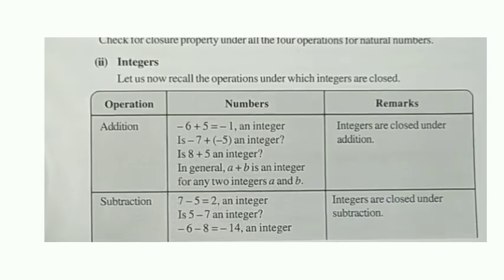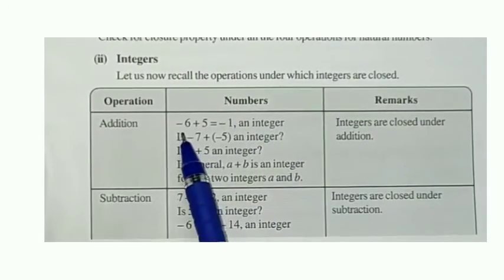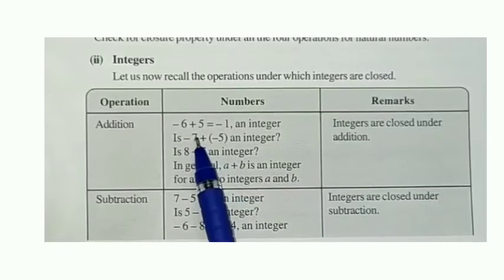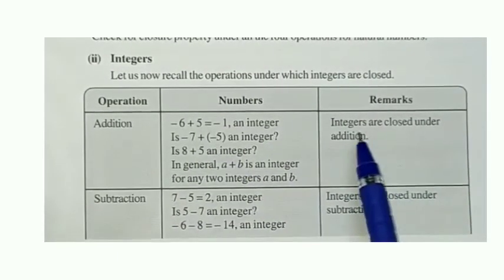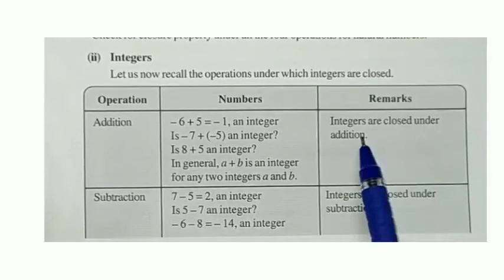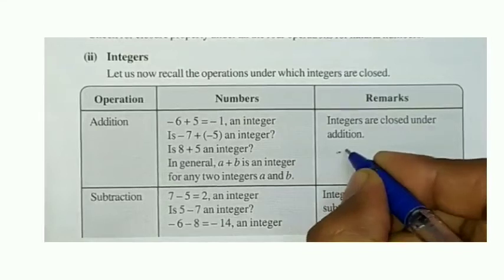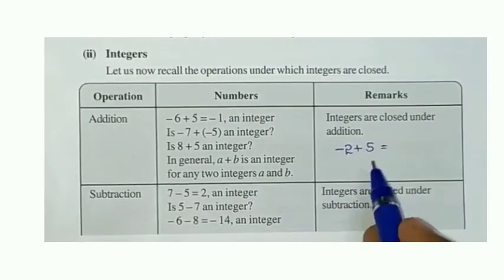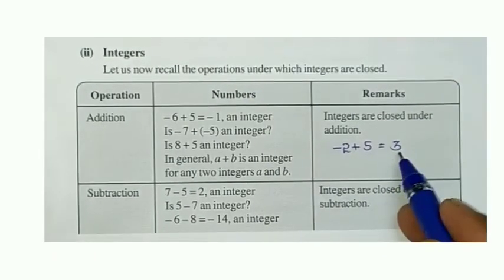Now applying the closure property for integers. Whenever we add any integers, we get an integer only. That's why integers are closed under addition. Example: minus 2 plus 5, or 5 minus 2, gives 3, which is also an integer.